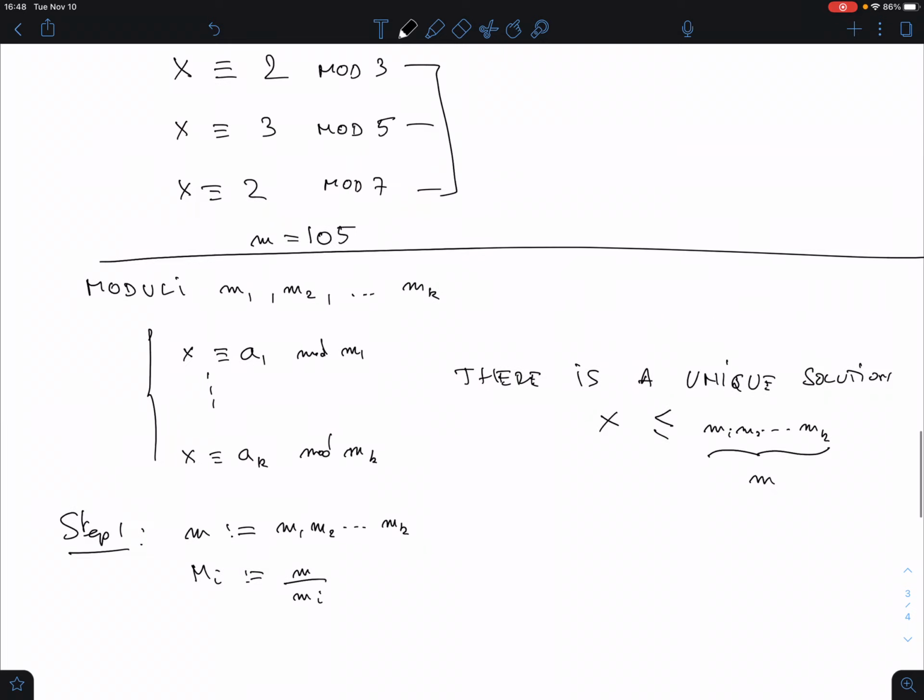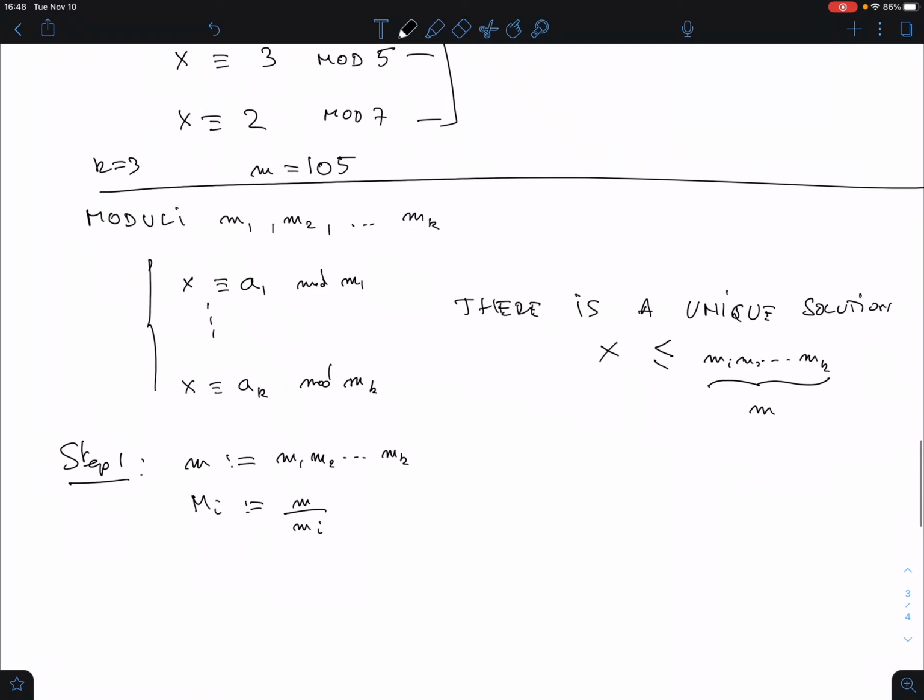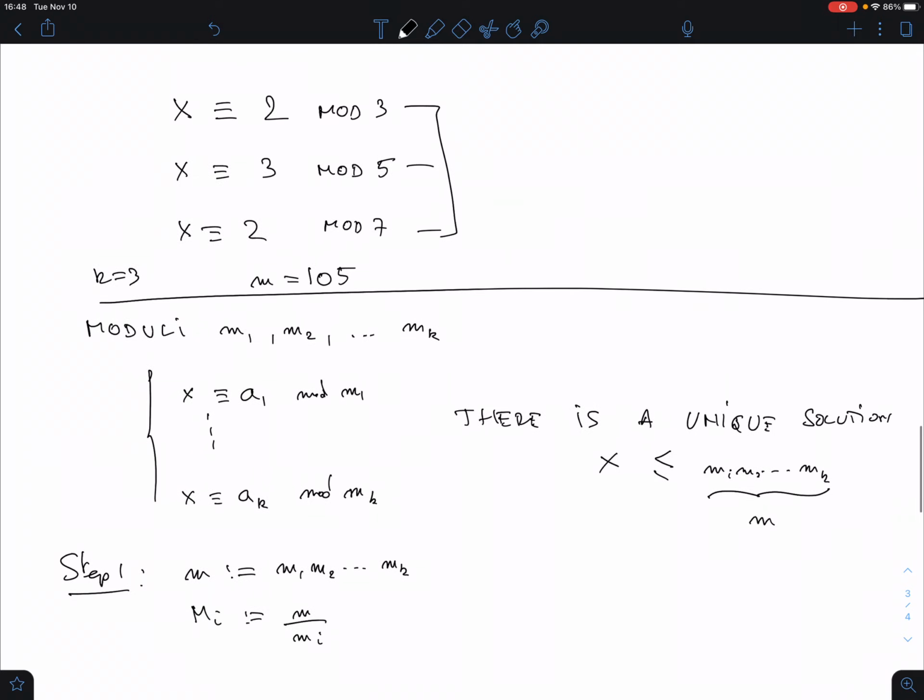So what is k here? Here in our example, k is 3, right? There are 3 equations, 3 moduli, and the product is 105. So what are these numbers? This will be little m1, this will be little m2, and this will be little m3. So what is big M1? Big Mi is the product of all the moduli except for the ith one, right?